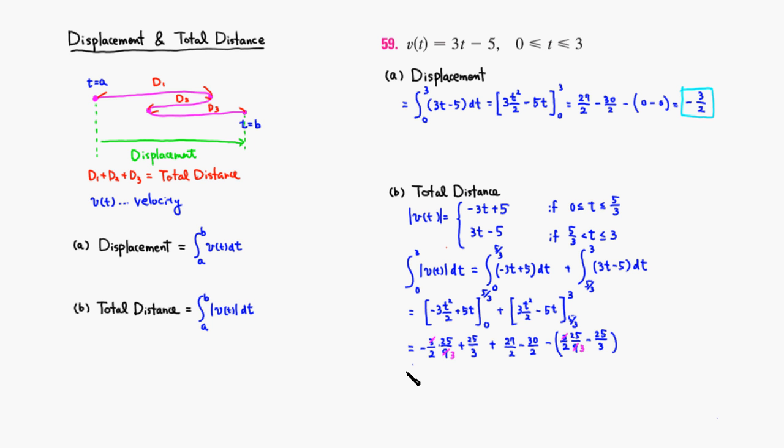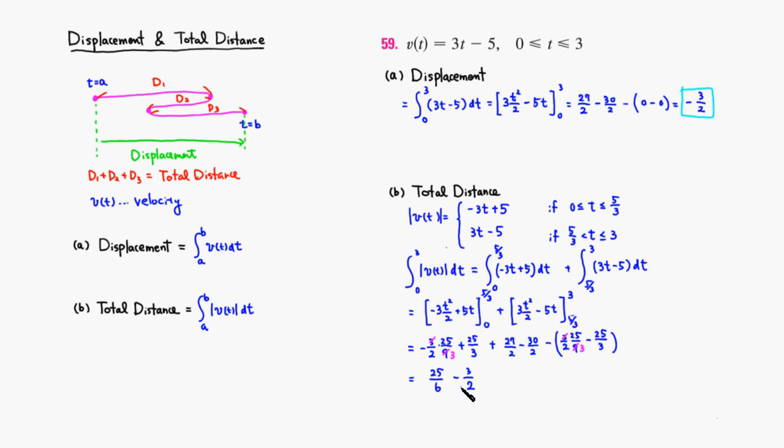So this is equal to negative 25 over 6, which is half of that, so you have 25 over 6 from there. And here 27 over 2 minus 30 over 2 is minus 3 over 2.